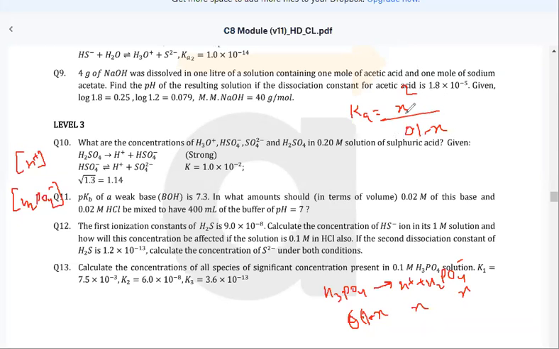This is a lengthy question. You have to solve a quadratic equation. K1 is already given, so from here you can calculate X, which means the concentration of H plus and concentration of H2PO4 minus. Then the same way you have to do for K2, where the concentration of H plus is already known, and HPO4 2 minus will be calculated in the same way. And the same way for PO4 3 minus.